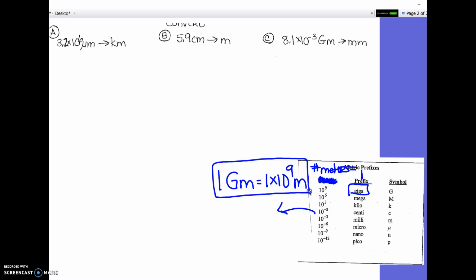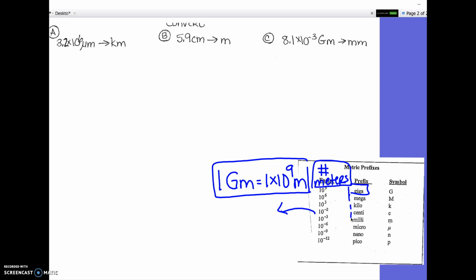That would be my conversion factor to go from gigameters to meters. Because again, the 1 of the prefix is equal to this number of meters. And that's the thing you have to understand, that that exponent is always going to go with meters, and the 1 is always going to go with your prefix.